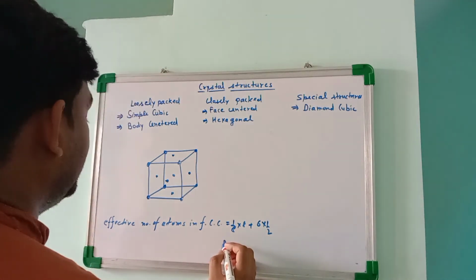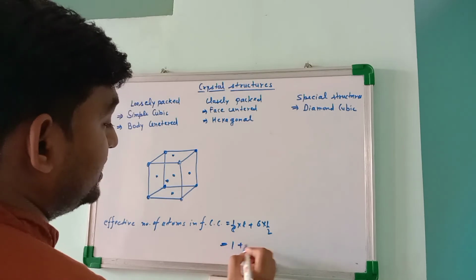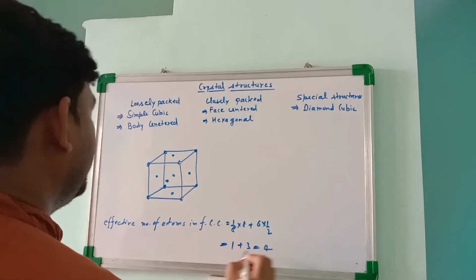So the effective number of atoms for FCC is 1 plus 3, that is 4.